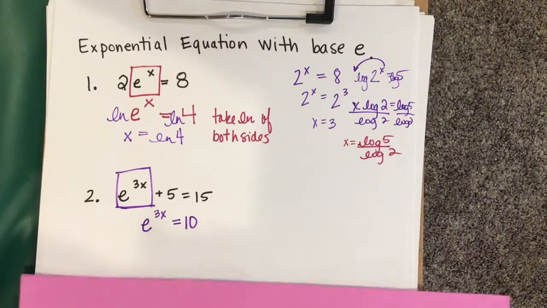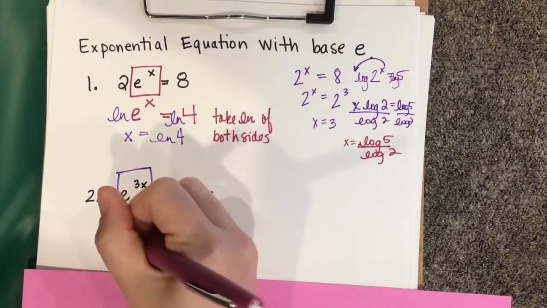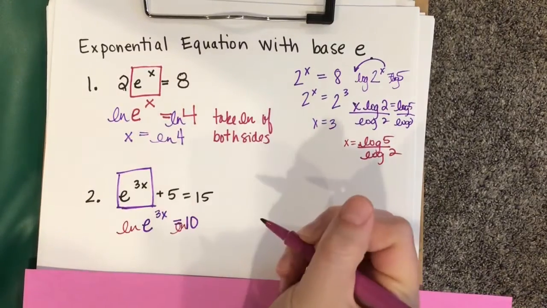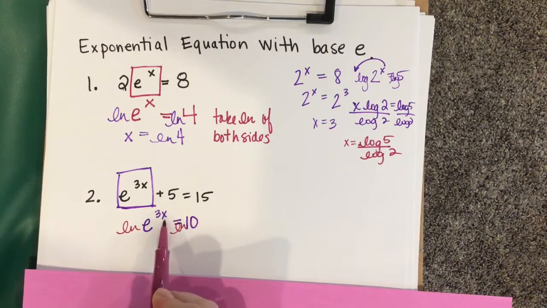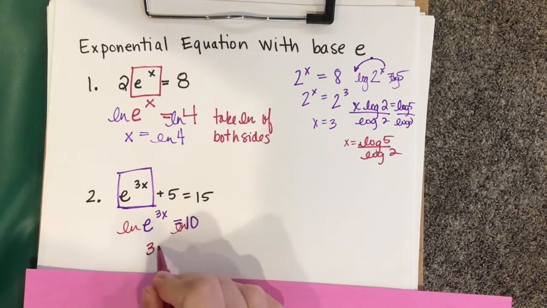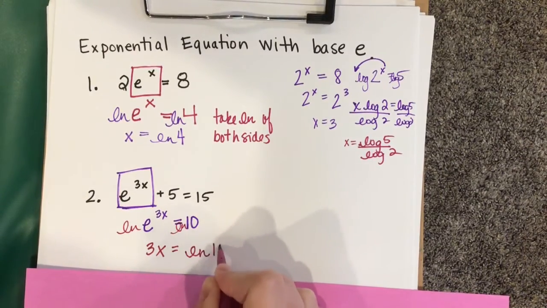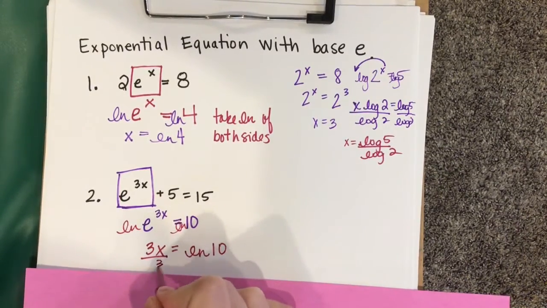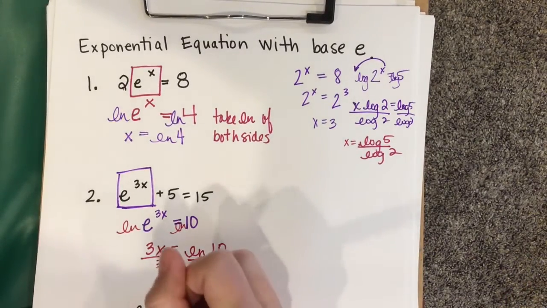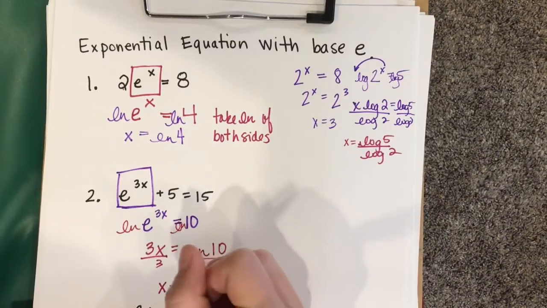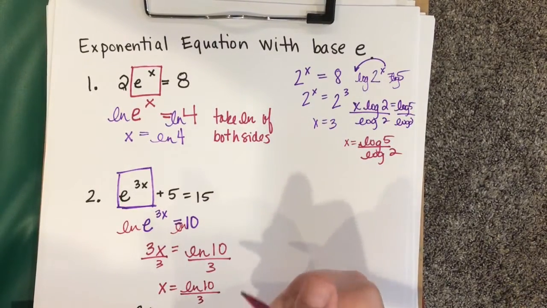So when I take the natural log of both sides, natural log of e to the 3x, this is just 3x. We end up with 3x equals the natural log of 10. Divide both sides by 3. And I have x equals the natural log of 10 over 3.